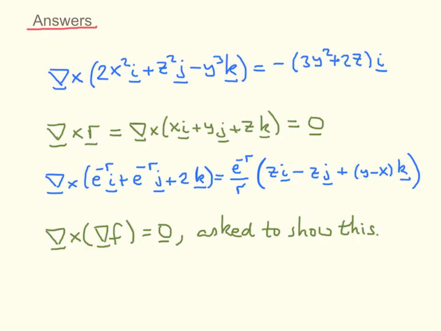So if you've got the correct answers, well done, and if not, on the next few slides I'm going to work out the detailed answers to each of these problems. So let's move on to the answer to this first question.